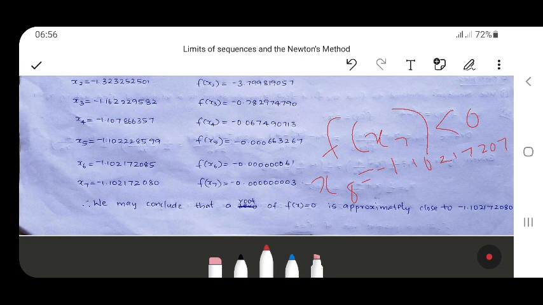If I choose that, then f of x8 is greater than 0. That means f of x7 is less than 0 and f of x8 is greater than 0.